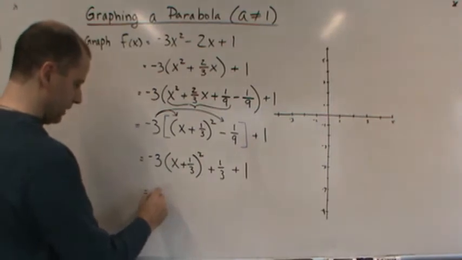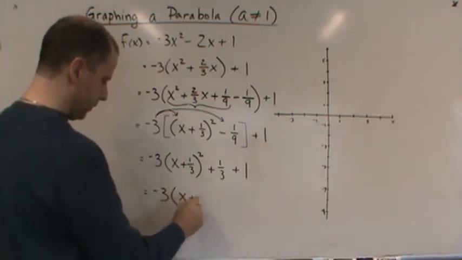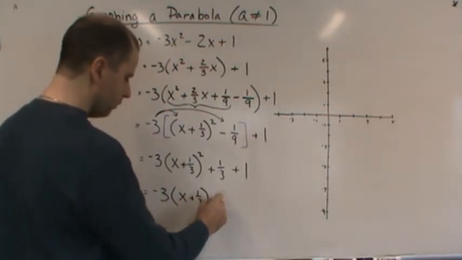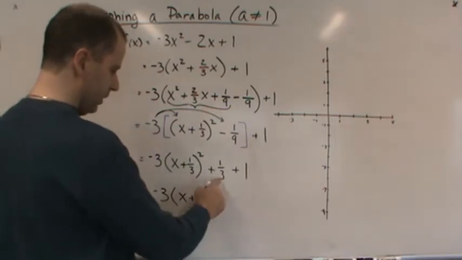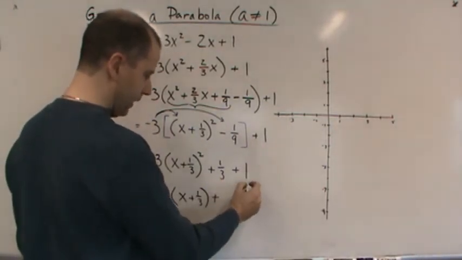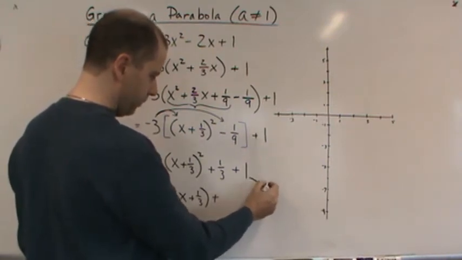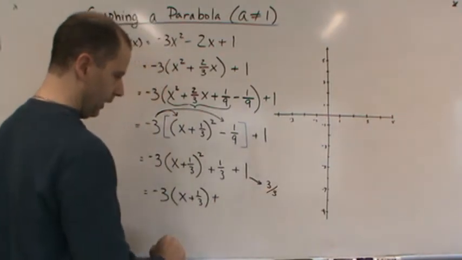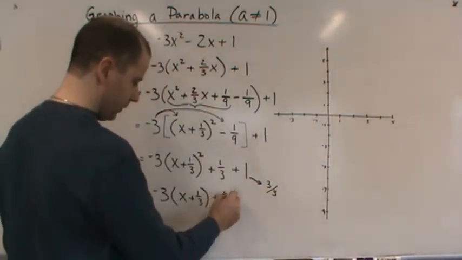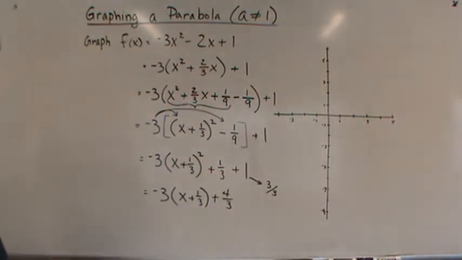Now we can write it as -3 times x plus 1/3 plus, well, this is going to be 4/3, right? This can be written as 3/3, and so 1/3 plus 3/3 is 4/3. And so I'm going to write it like that.